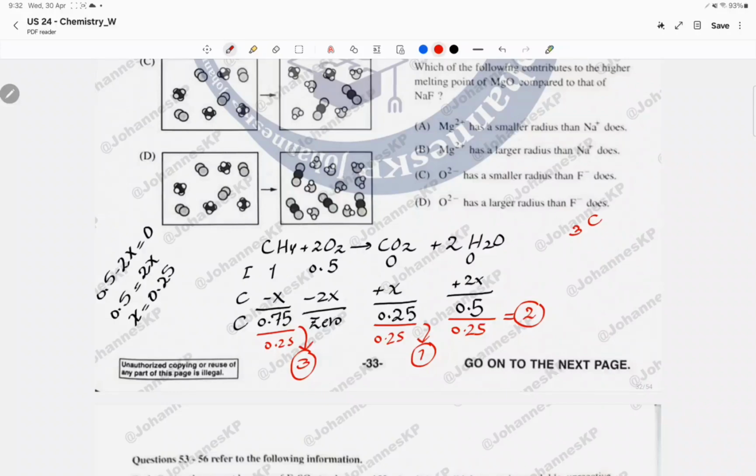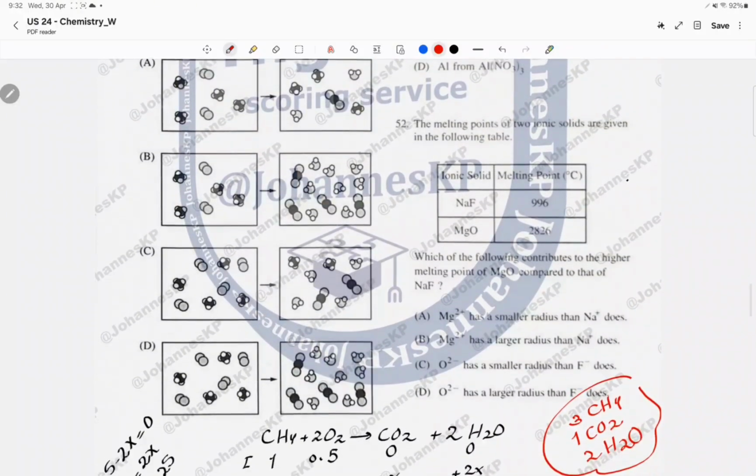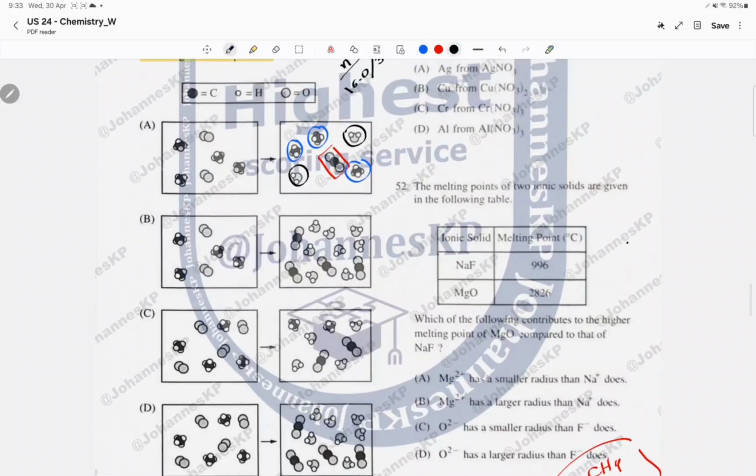That I must have 3 CH4, 1 CO2, and 2 waters on the product side. So 1 CO2, 3 CH4, and 2 waters. So it's going to be choice A.